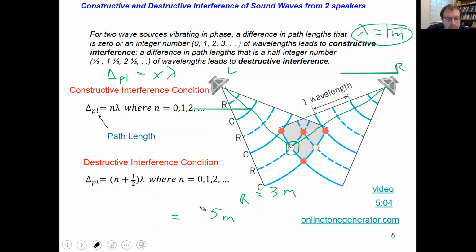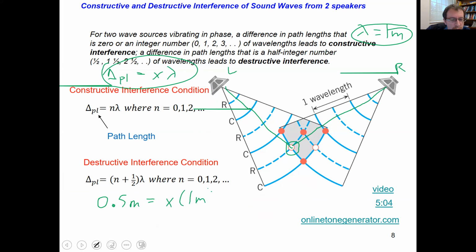We figured out that our delta PL in this case was 0.5 meters, and that's equal to X times lambda.